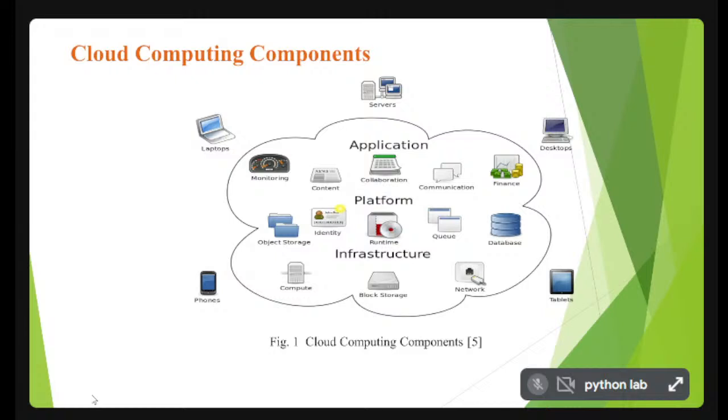Applications are what the end users run. We click on Amazon Prime, that is one app. These are different kinds of applications. They communicate with the platform. The platform goes to the infrastructure, accesses the data through the network and gives it back to the user.